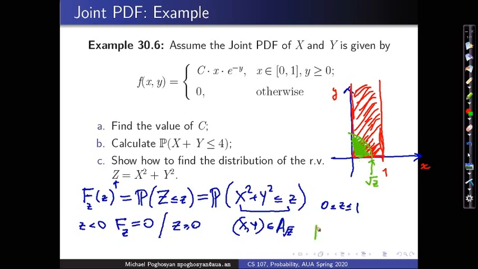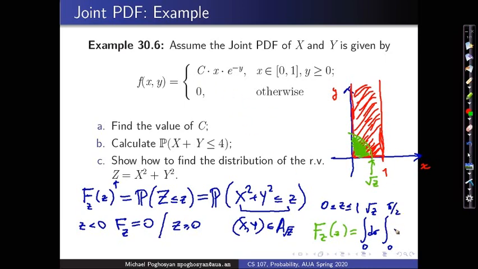So F of Z at the point z will be the integral of our f over that green region. I can write that in the following way. I am going to polar coordinates. R is changing from 0 to square root of z dr. Phi is changing from 0 to pi over 2.